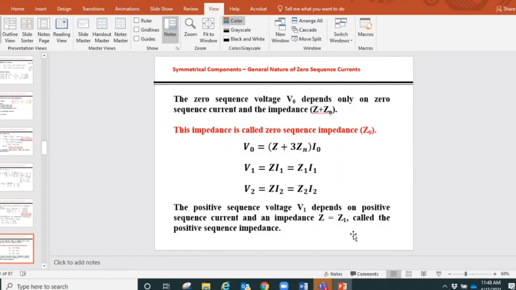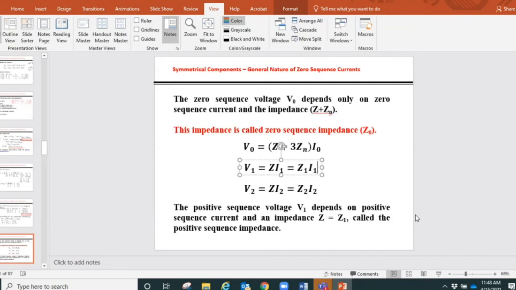So from there we can see that in the equation of V0, only I0 is present; in V1, I1 is present; in V2, I2 is present, and they are called independent of each other. V0 can never depend on I1 or Z1. Similarly, V2 will never depend on I0, I1 or Z1.